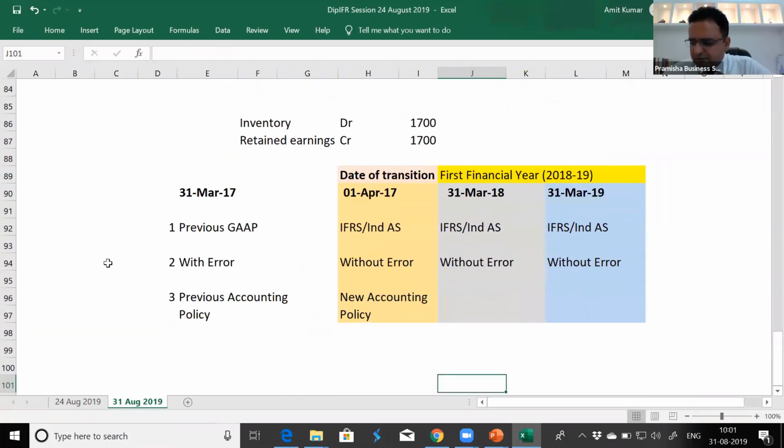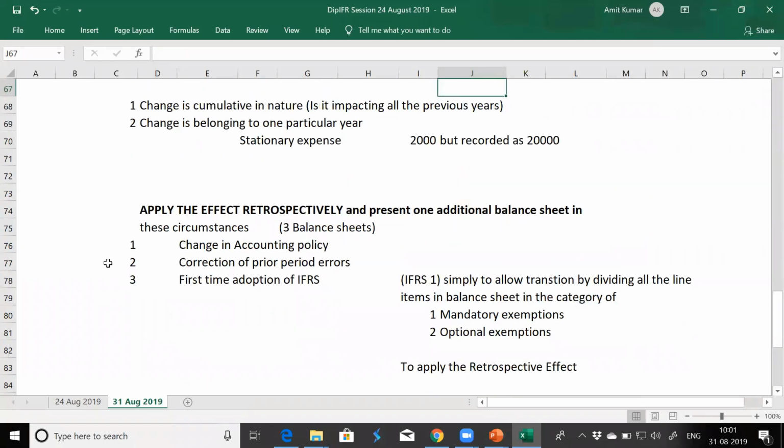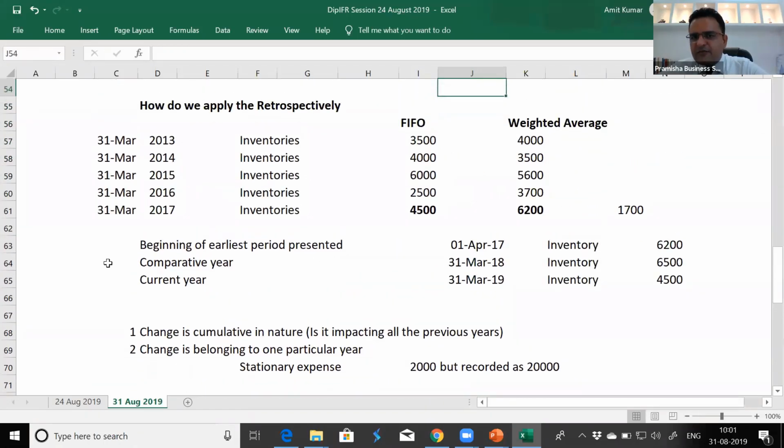Sir, so as far as I understand, we'll make the calculation from the beginning year, however, we'll take the impact of the last year's final figure. Okay, fine. Yes, right. So that's what cumulative effect meant. I purposely wrote it because that's the common mistake which I've been noticing for many years.